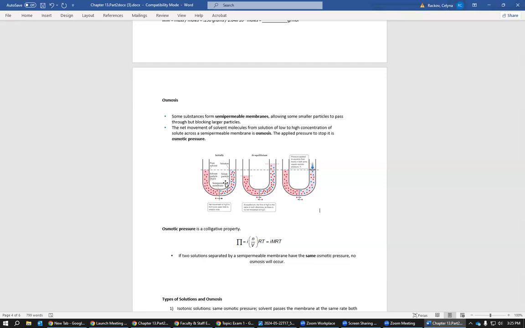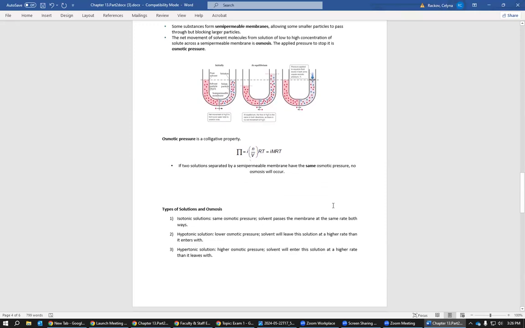Then at equilibrium, you see the particles from the water passing to the right side of the tube. But if you apply pressure, the water molecules will return to their original location here.